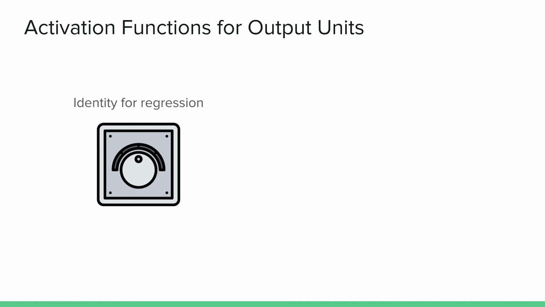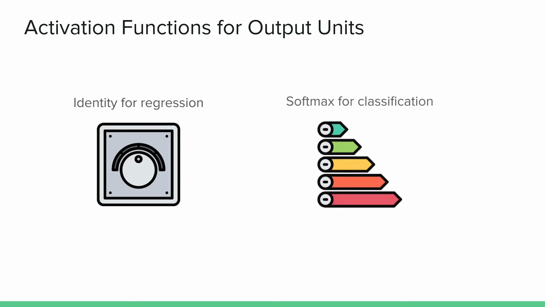If we want to have regression, we can use a very simple thing like the identity function, just output whatever we want. If we want to measure the distance between two objects, well, the distance could be the output of our image. And if we have a classification problem, we could use a so-called softmax activation function.